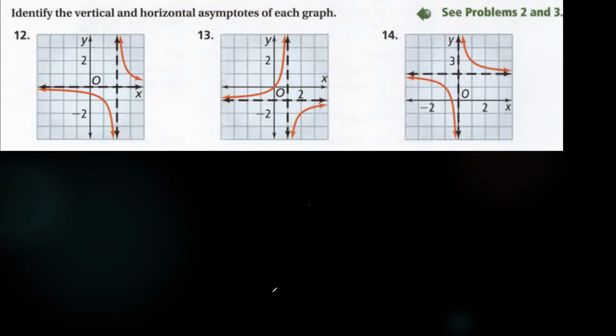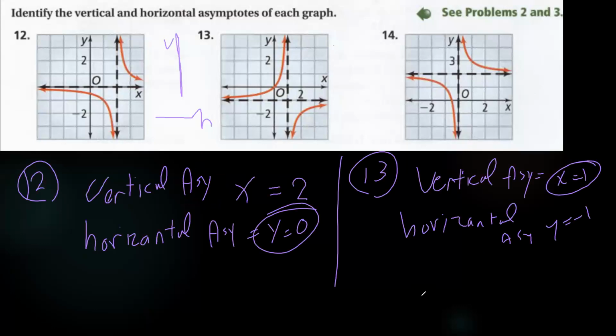Miss, what was number 13? -1 at vertical... Teacher, what was the horizontal for number 12? Stop, wait a minute, please. I will come back. This is the answer.